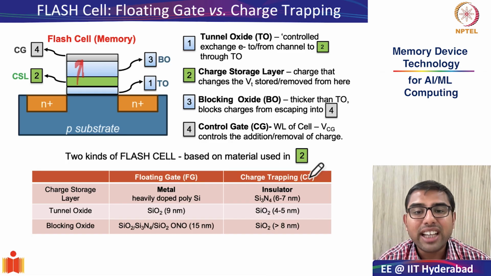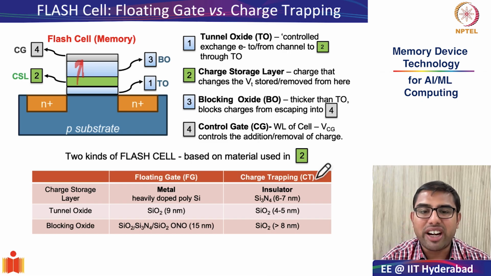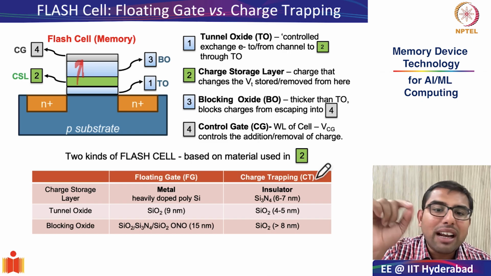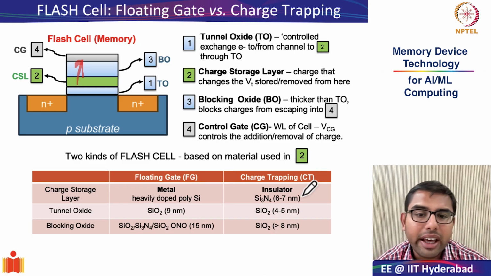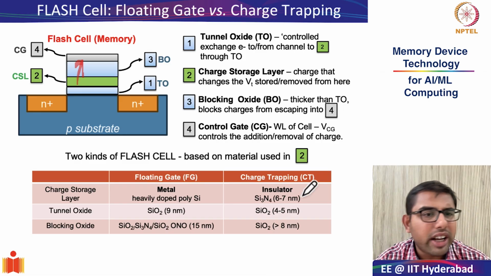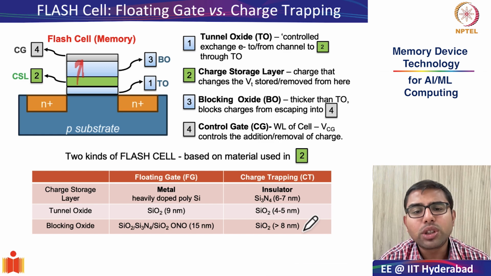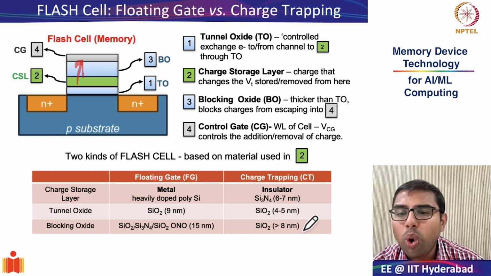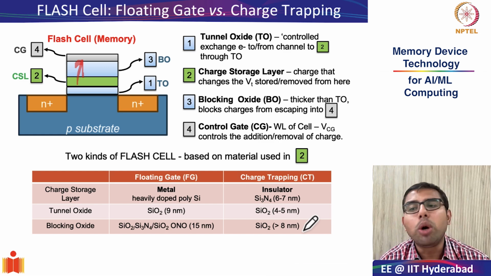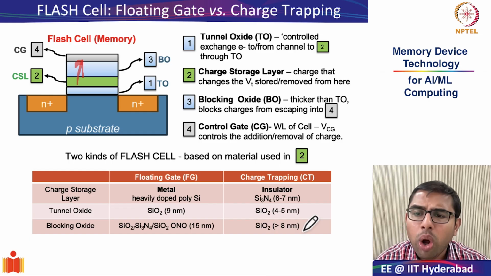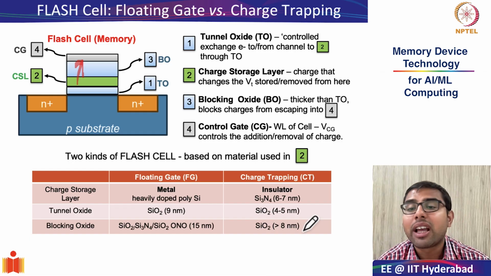However, since in charge trapping flash cells, that is not really a constraint because the insulator itself is a silicon nitride layer, such important considerations are not required, and therefore just 8 nanometers of SiO2 itself can serve as a good barrier layer. Okay, so this ONO blocking oxide is not always needed.